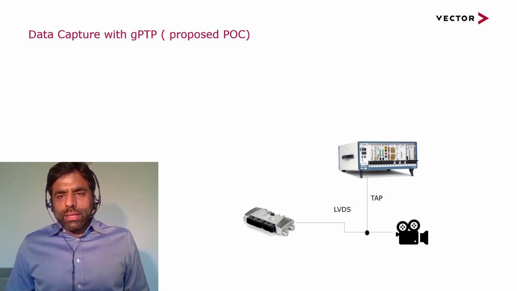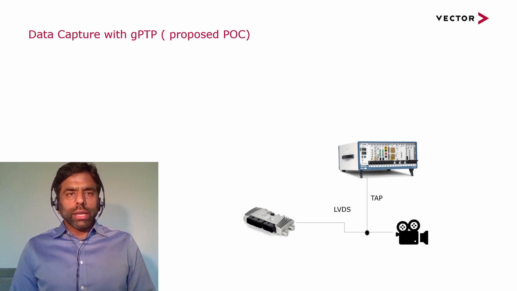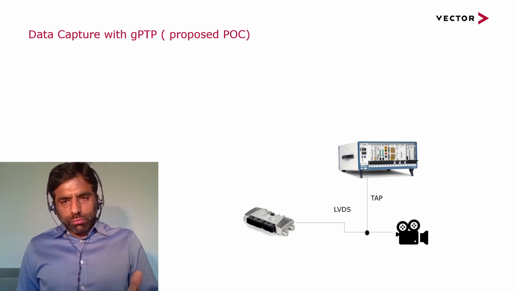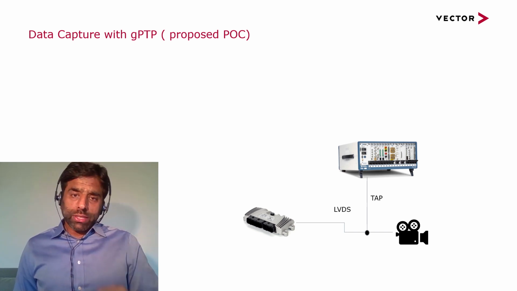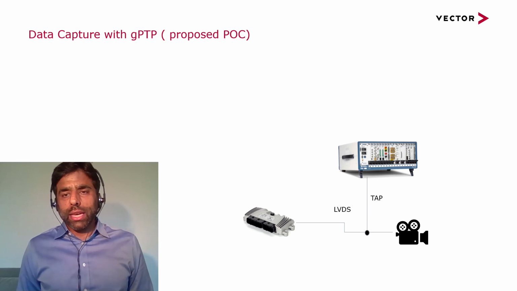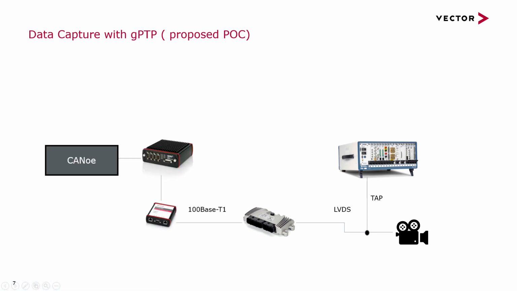Now, in this setup, there is a clear split. Even the data logging is done on two separate systems. So, for example, here, the camera is obviously connected to the ECU over the LVDS, and that video data is captured by the NI setup, whereas the remaining Ethernet communication, SOME/IP or DoIP, is being captured by the Vector setup.